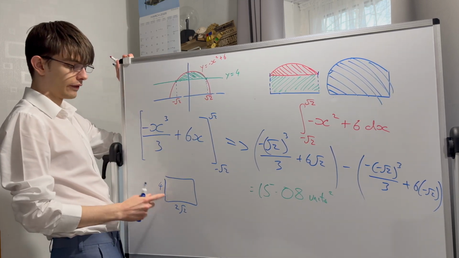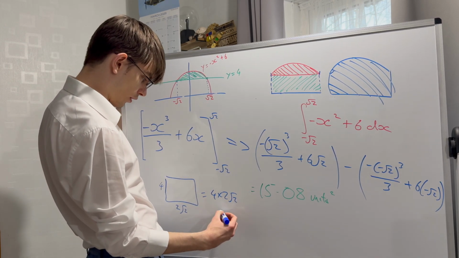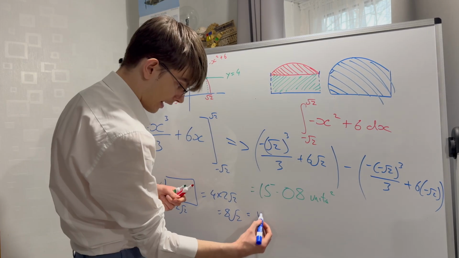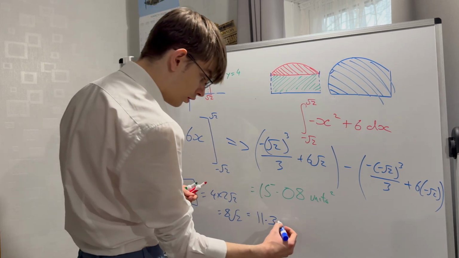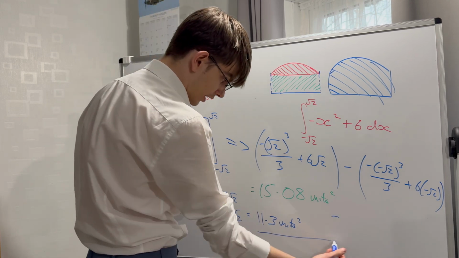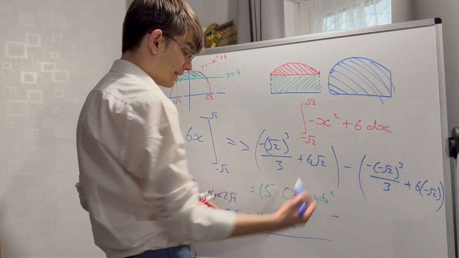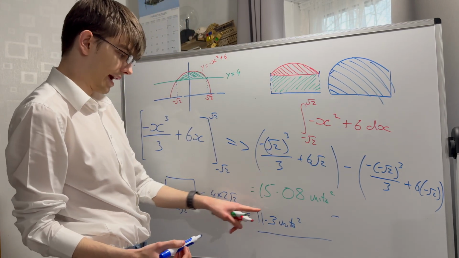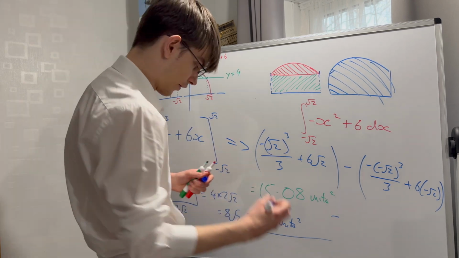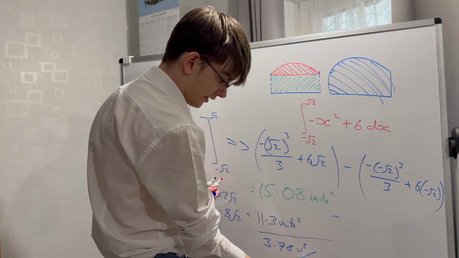So that rectangle is going to be 4 times 2 root 2, which is 8 root 2, which is 11.3 units squared. So to find my final answer, I'm just going to subtract that from that, and I will get, in fact I will do this one in my head, just to prove I can, 3.78 units squared.